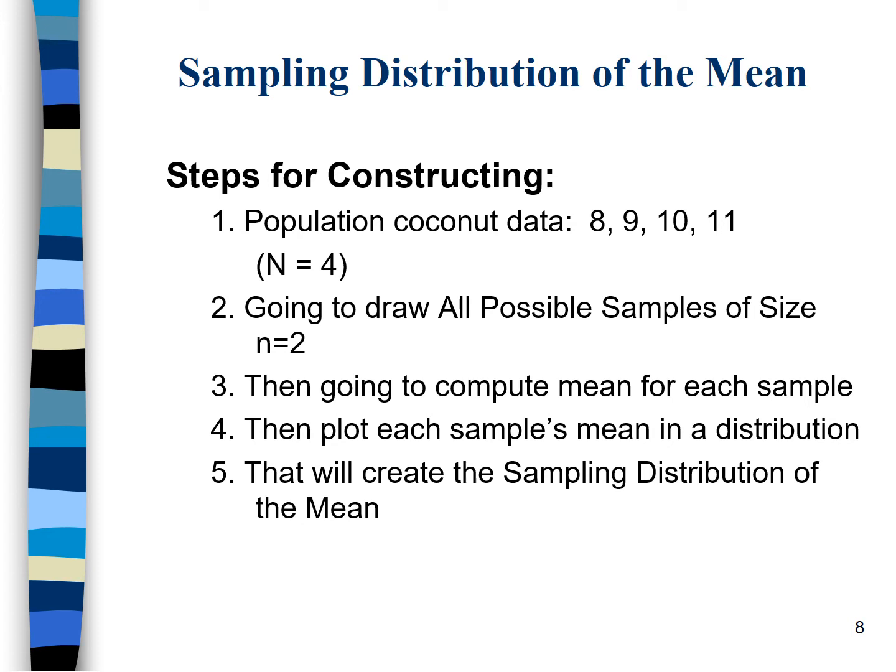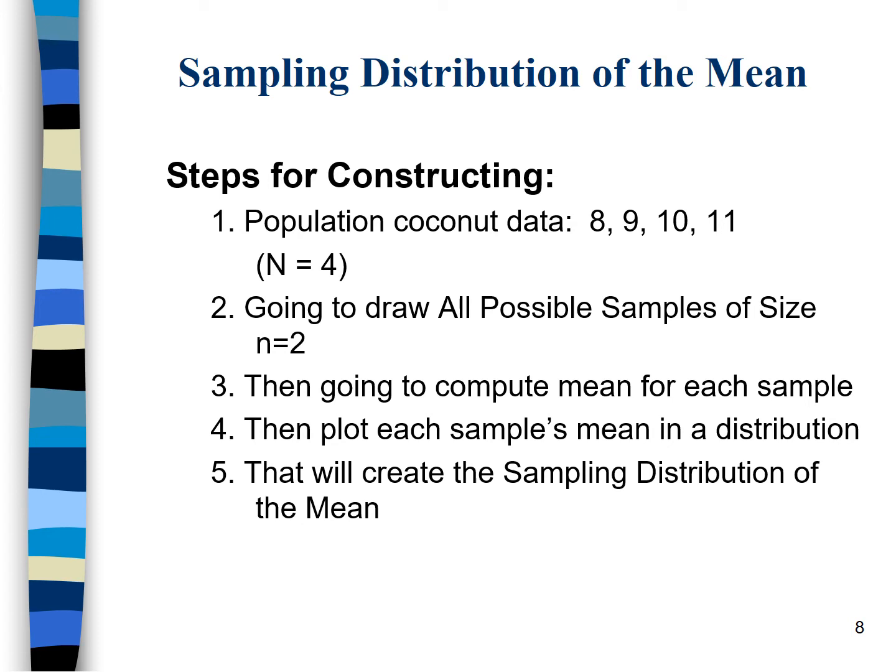In order to construct my sampling distribution of the mean, I'm going to figure out all possible samples of a certain size. The size that I've chosen for this experiment is size 2. So I'm going to draw all possible samples of size 2 from that population.